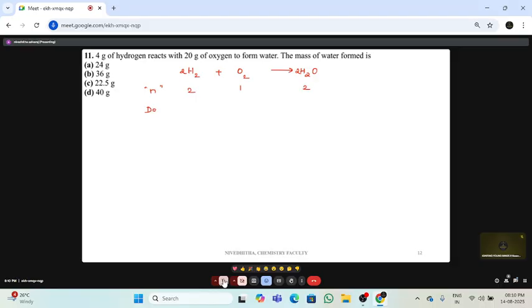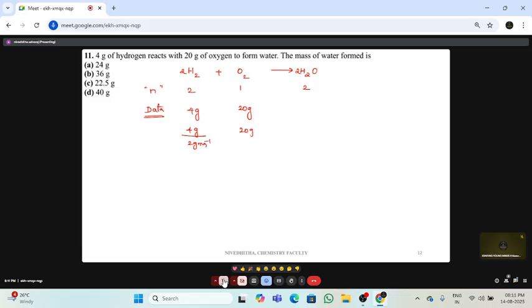And the data given is in terms of grams. So it is 4 gram of hydrogen, 20 gram of oxygen. So we have to convert the given data, which is in gram, to number of moles. How to do that? 4 gram divided by 2 gram per mole.